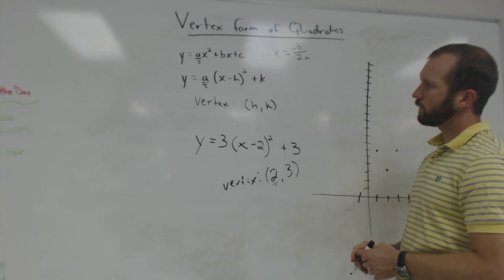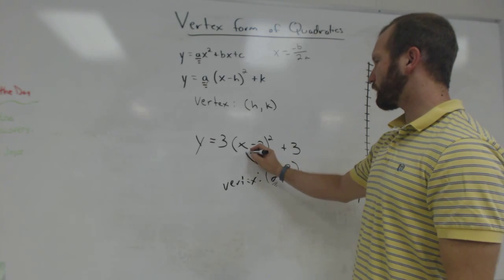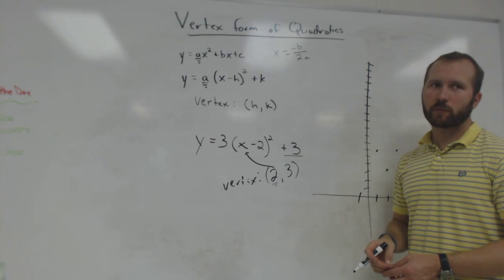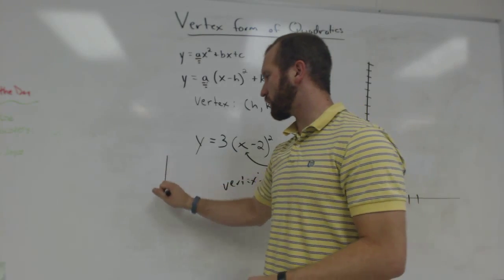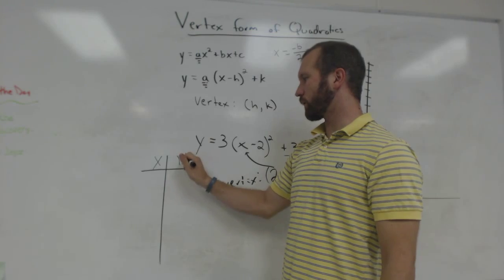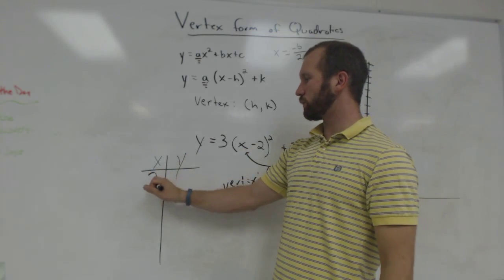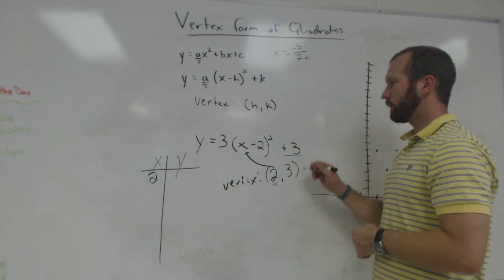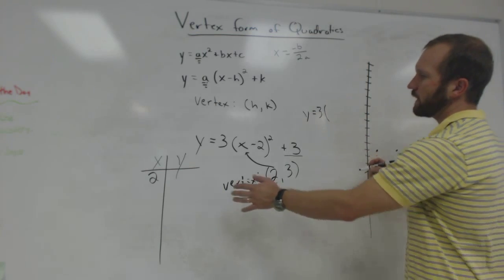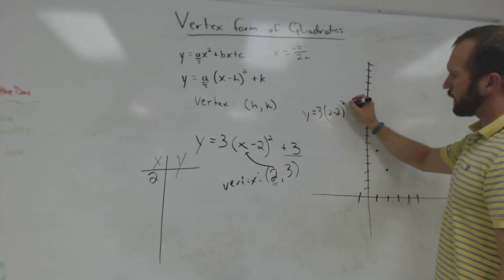Last night on your homework, what you had to do was plug in 2 for x, and then you would find that 3 was left. So if you were to use a t-chart to graph this, start with x and then go to y. If I found when x is 2, what is y? It would be y equals 3. I'm saying that x is 2, so I have 2 minus 2 squared plus 3.